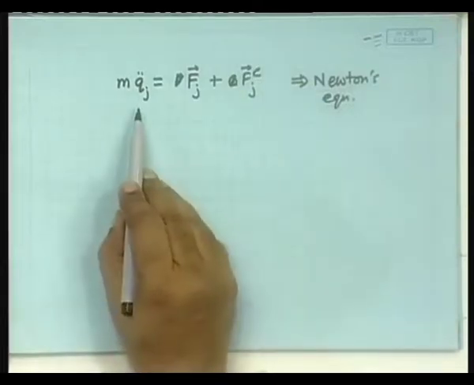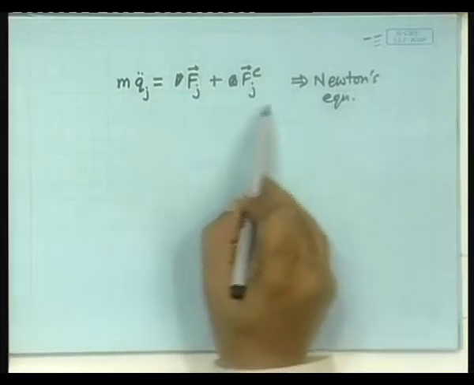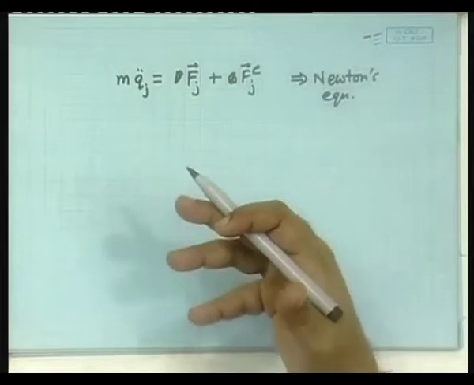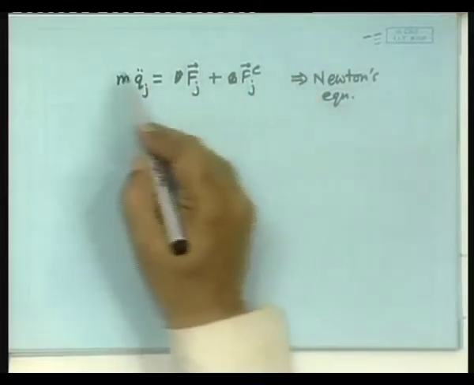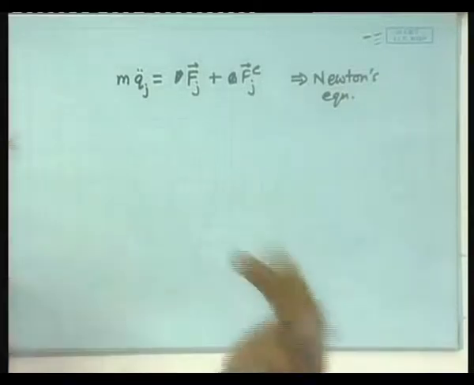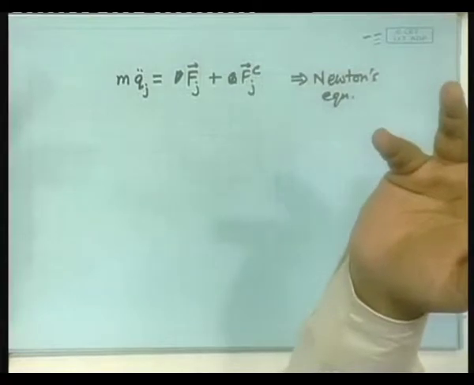Now, you can see that if there are say 25 bodies in a system, you would need 25 such equations, and you will get a set of 25 differential equations. But that 25 could be in a 3-dimensional space.